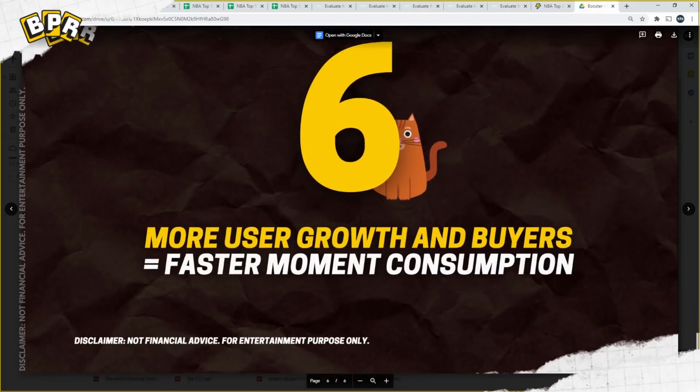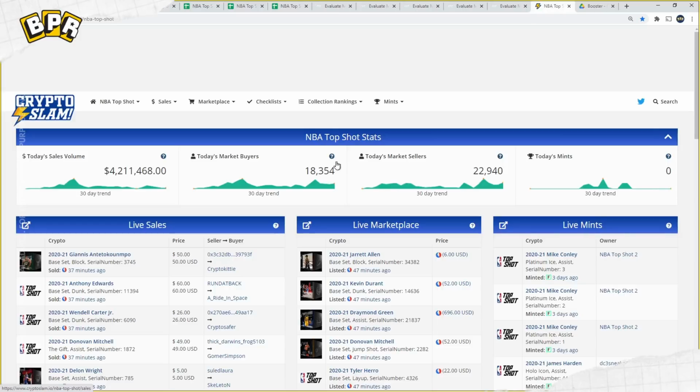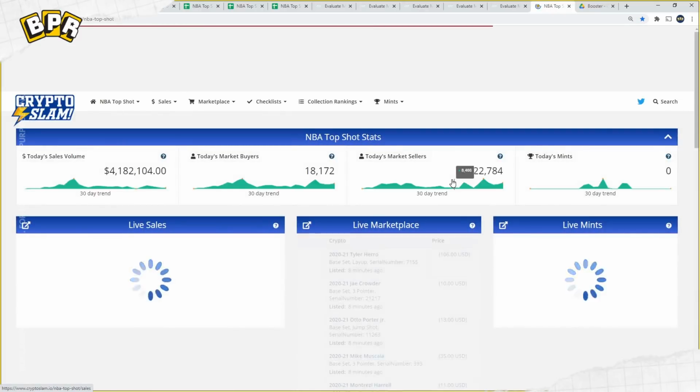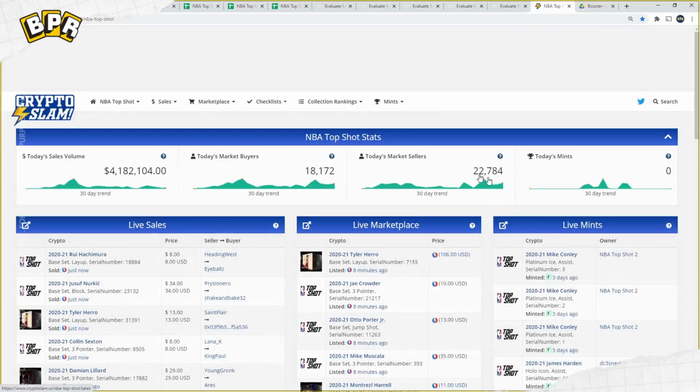Okay, number 6, more user growth and buyers equals faster moment consumption. So like I said again, when we have more users in the space, we have more people participating in the market. So if you go to cryptoslam.com, let's do a quick refresh. You can see that there's still more sellers than buyers. So over time, this will flip around, but not right away.